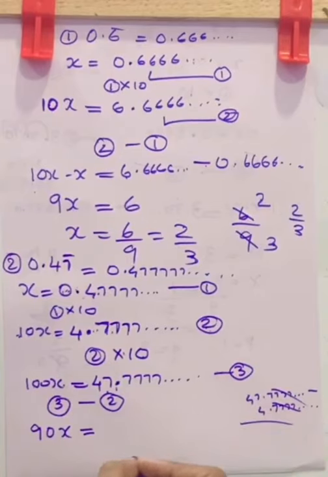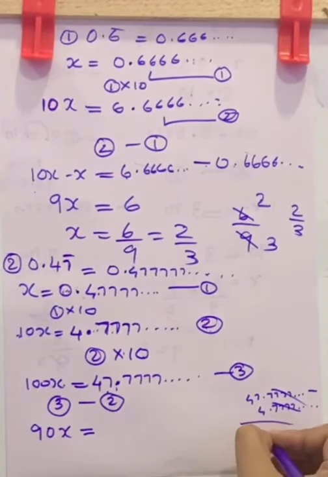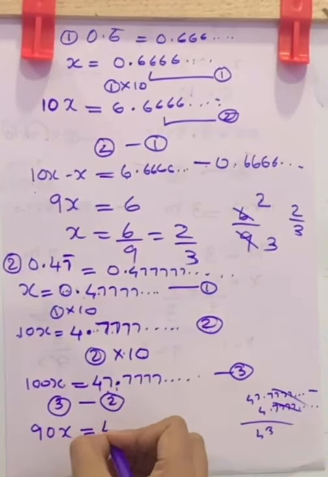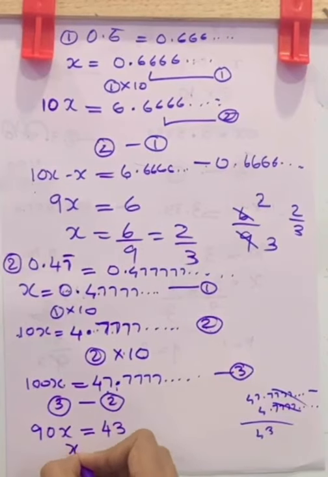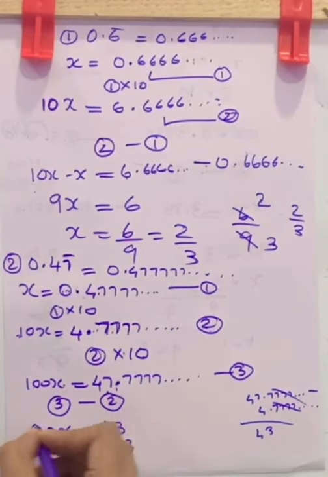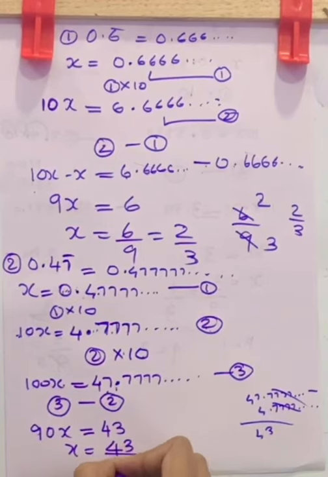Now 47 minus 4 is 43. You will write here 43. Now x is equal to 43, this 90 coming to RHS becomes the denominator. 43 by 90. 43 here is prime. So this is already in least form. Don't want to cut like this. This is the P by Q form.